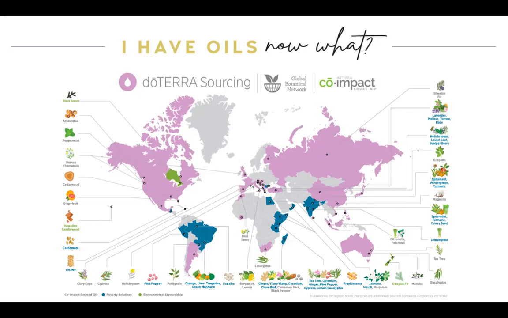And the other thing is that doTERRA started, and I've recently said this on another Zoom, but the reason this company even started was that the owners didn't feel confident that they could find a pure essential oil on the market that they were completely confident in. And that's why they started this company, because purity is the most important thing for them.